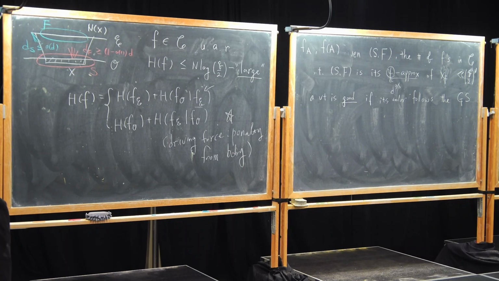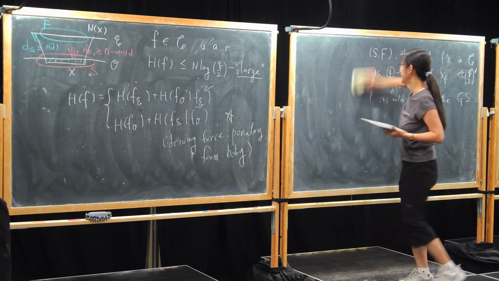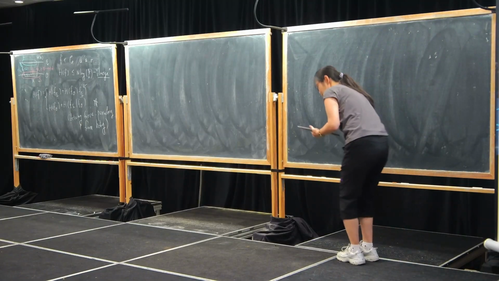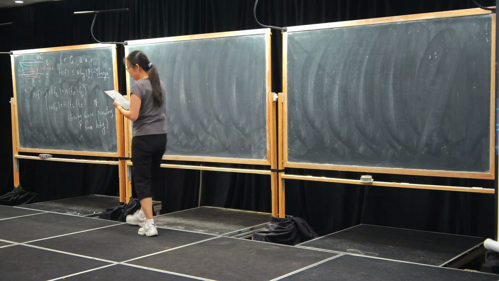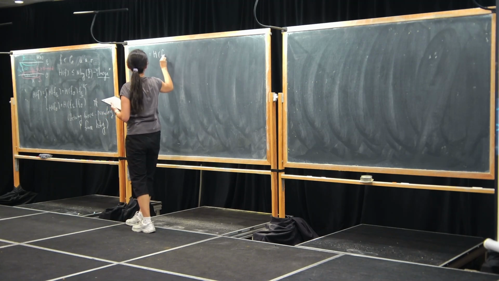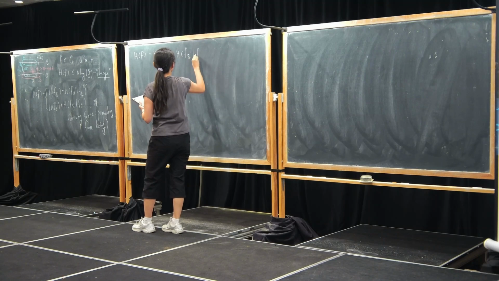Now we jump into the technical part. But don't worry, it's not as technical as the last lecture. So we use the second approach, and the entropy of F is the entropy of Fo plus the entropy of Fe given Fo.